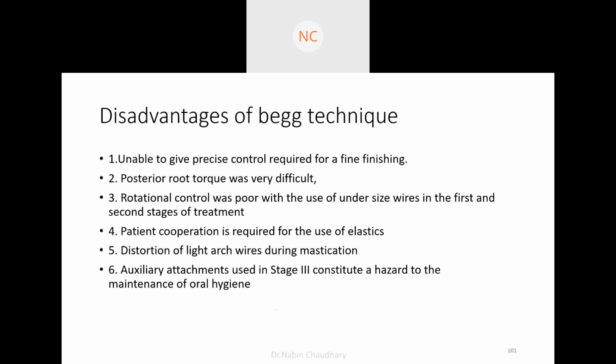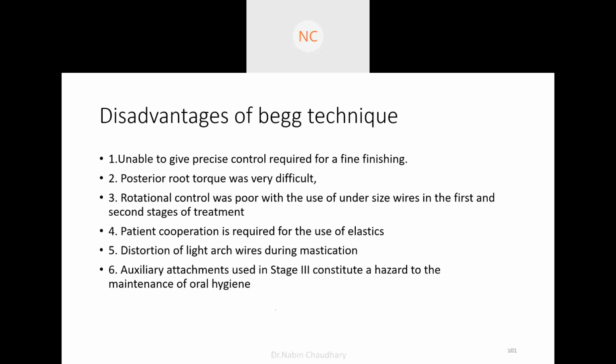Going to the disadvantages of the Begg technique. In the Begg technique, precise control is unable to be achieved for the final finishing, and posterior root torque is very difficult. Rotational control is also poor, because in stage 1 and 2 the undersized wire is used.